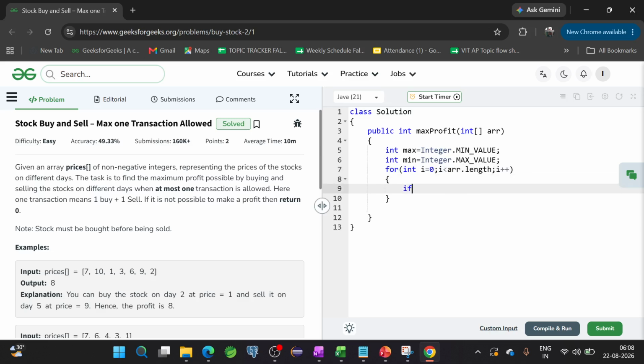First we will check if minimum is greater than array of i, update min to array of i.